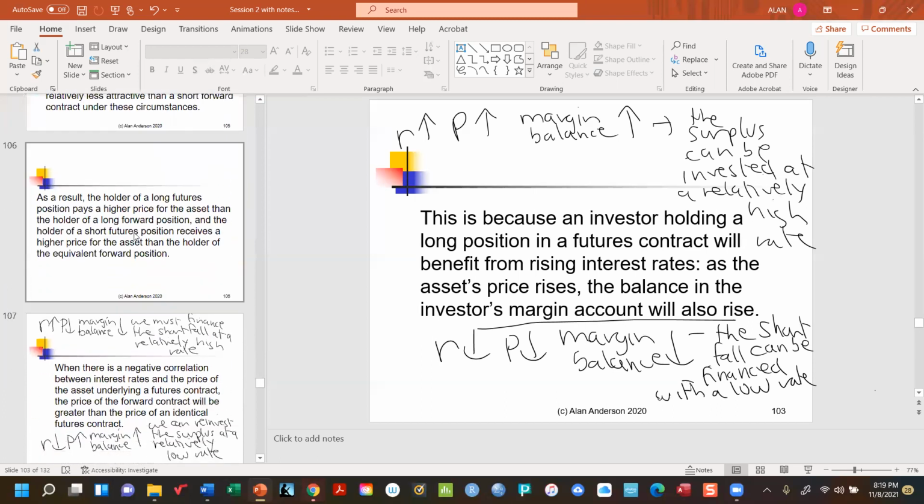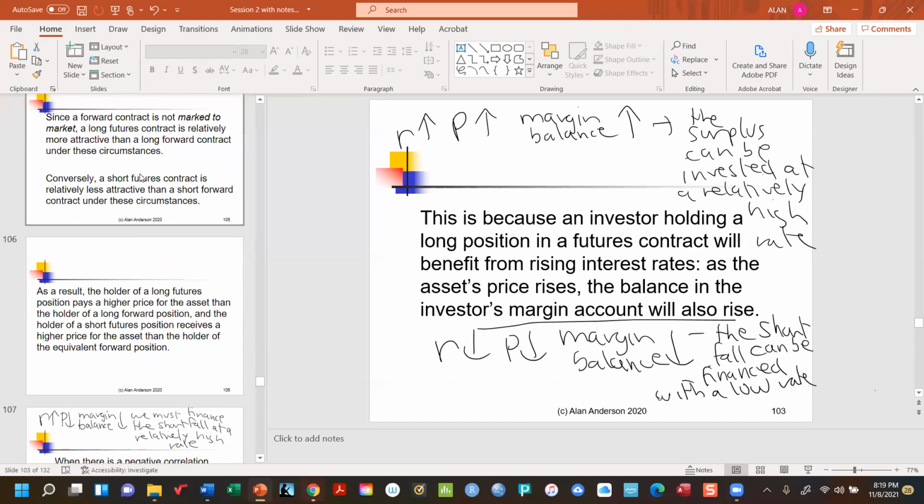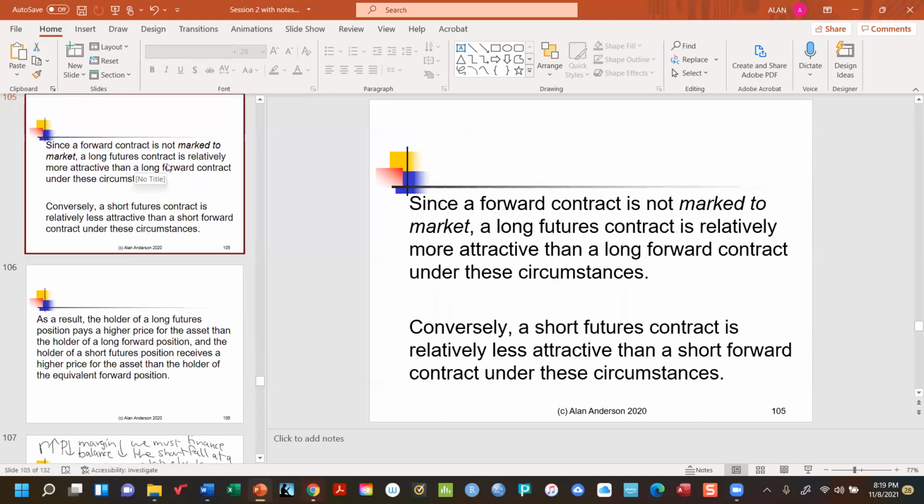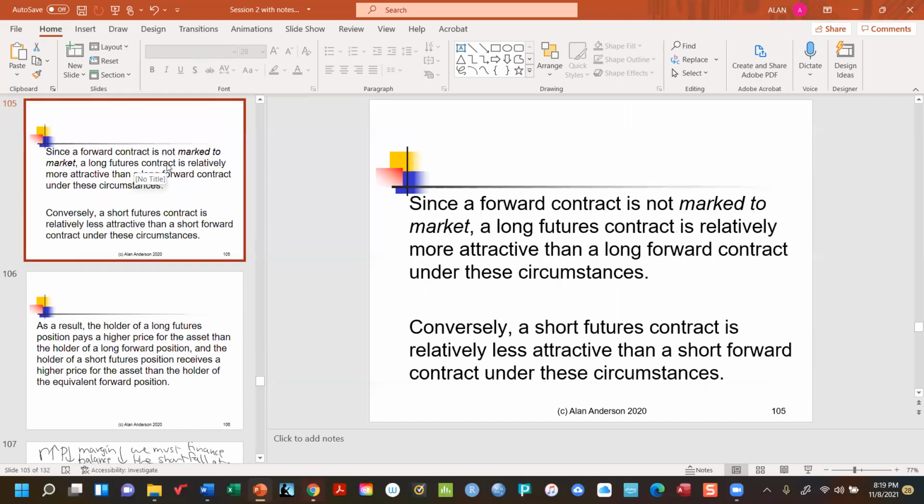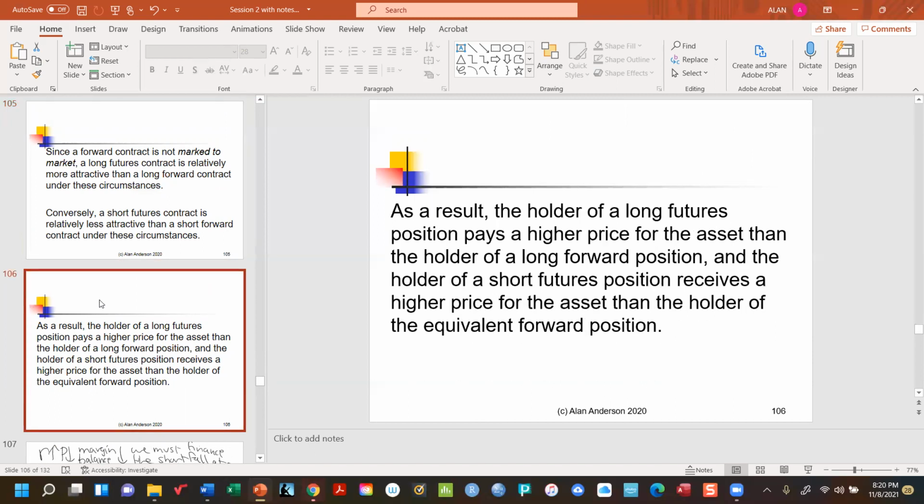So therefore, under those conditions, a long futures contract is relatively more attractive than a long forward when the correlation is positive. And therefore, the long futures position is more valuable than the long forward position. And that means the futures price will be higher.